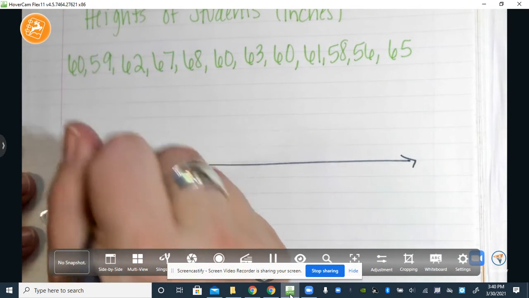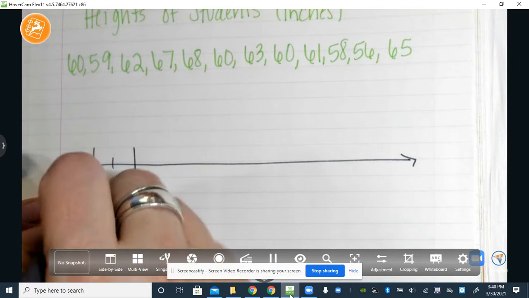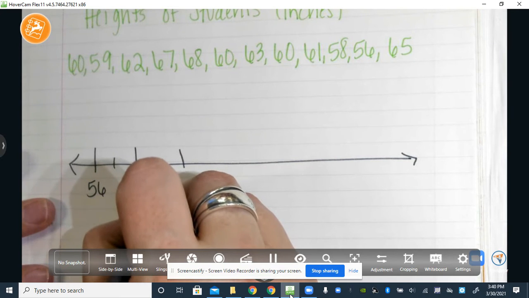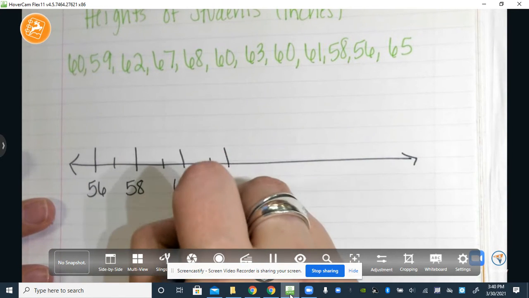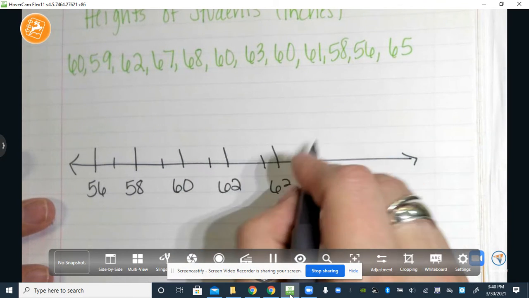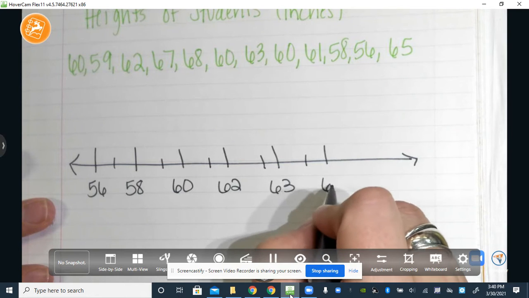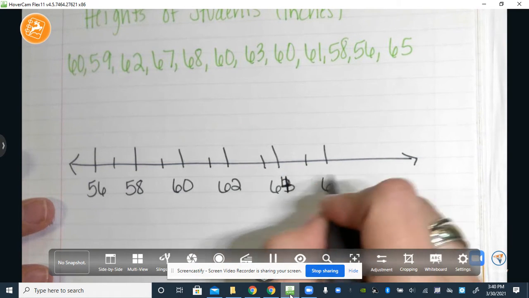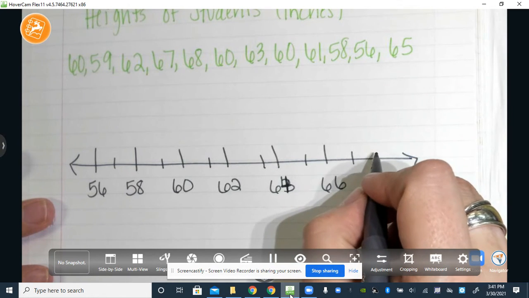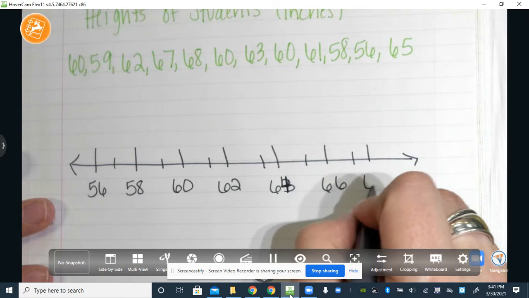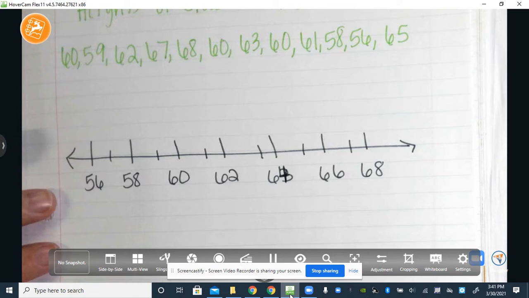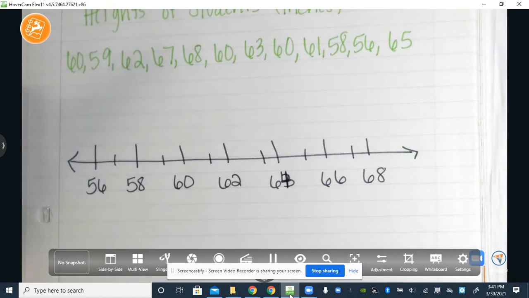And then I'm going to go by even numbers. 56 and then space. 58. 60. 62. 64. 66. 68. Okay. All right. And now we're going to put a dot over each one.